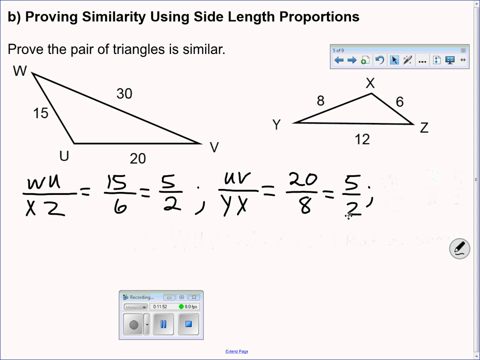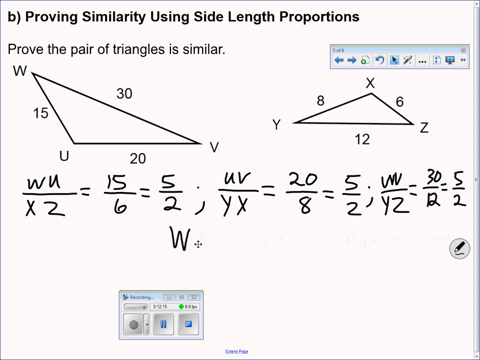Oh, that looks interesting. That looks similar. That looks very interesting. So now let's take a look at the biggest side. In this case, we're going to have this WV over YZ, which is equal to 30 over 12, which gives us our final answer of, you guessed it, 5 over 2.